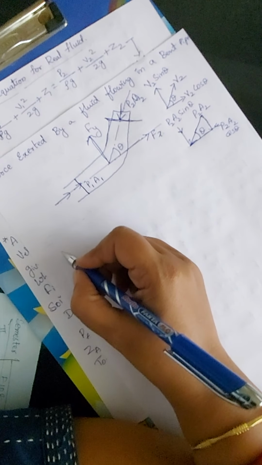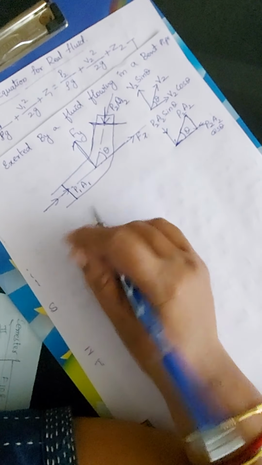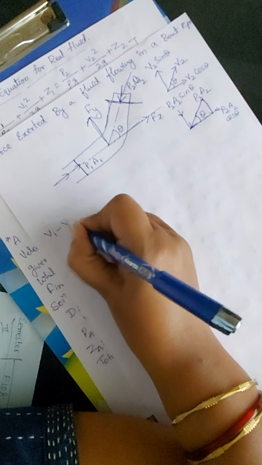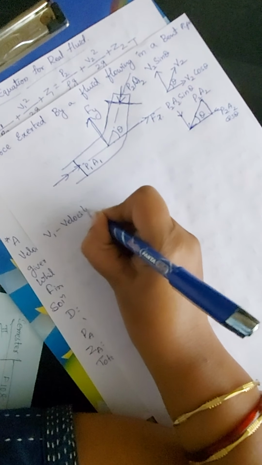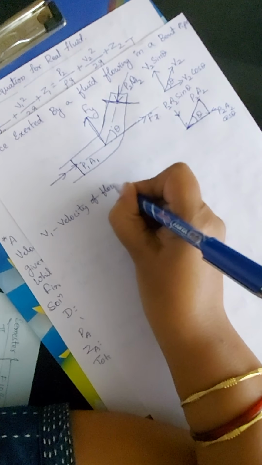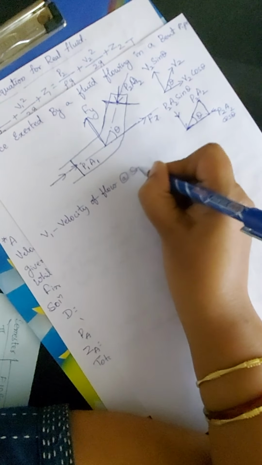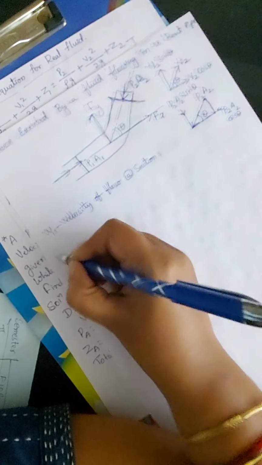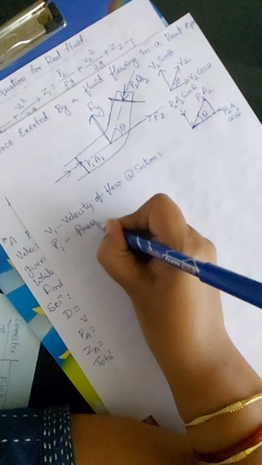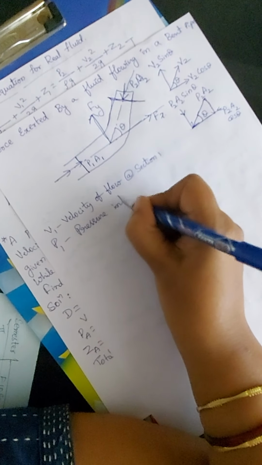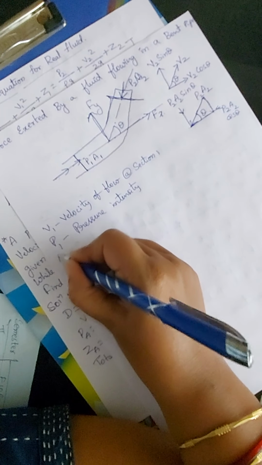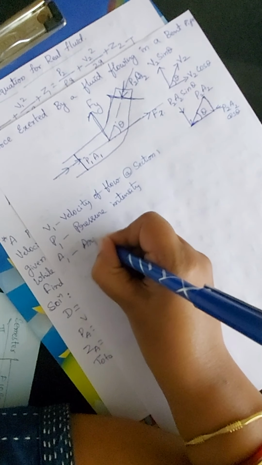We know that V1 is the velocity of flow at section 1, P1 is the pressure intensity, and A1 is the area of cross section.